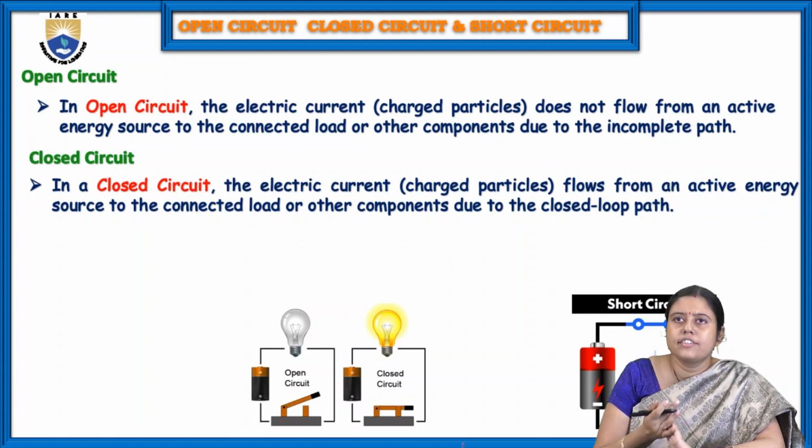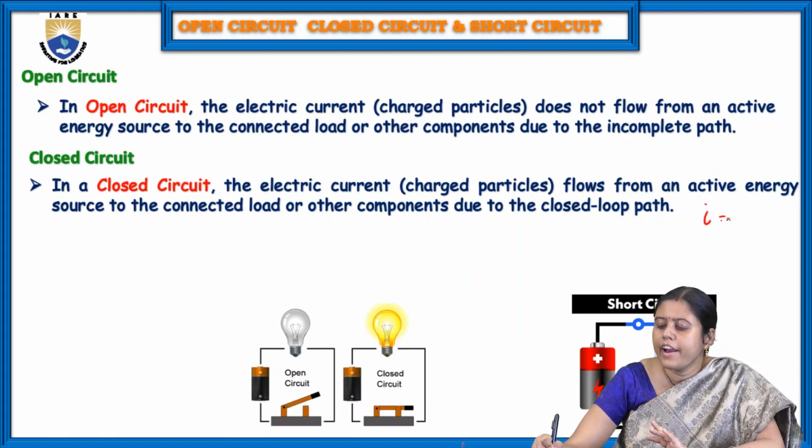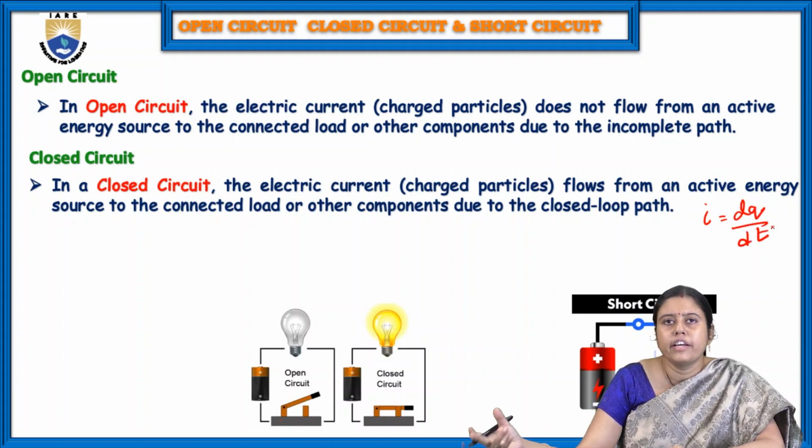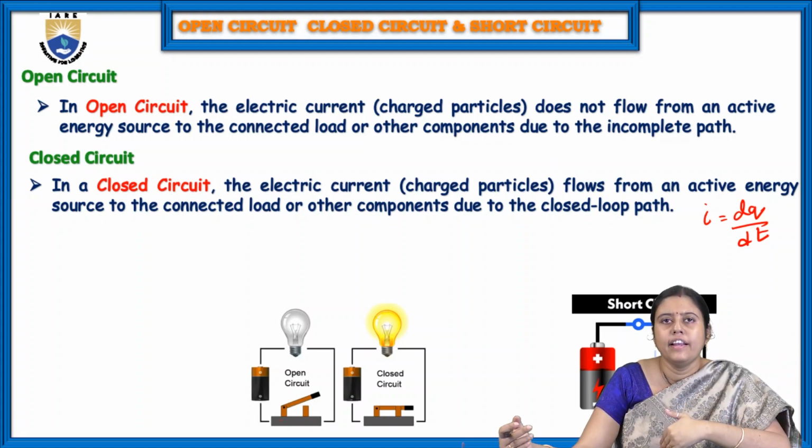What is electric current? Current is nothing but the rate of change of charge. If electrons flow through any conductor, current will flow in the opposite direction of the electrons.